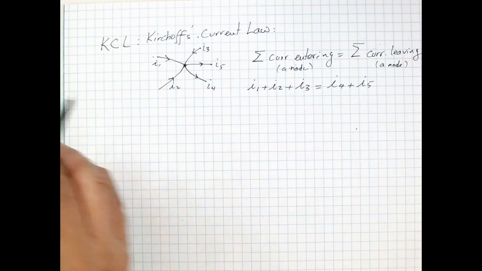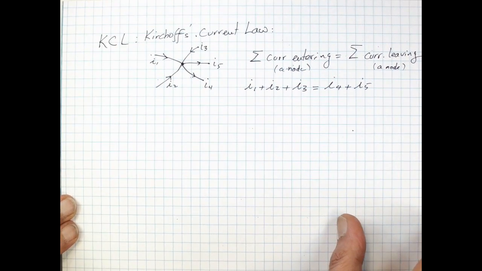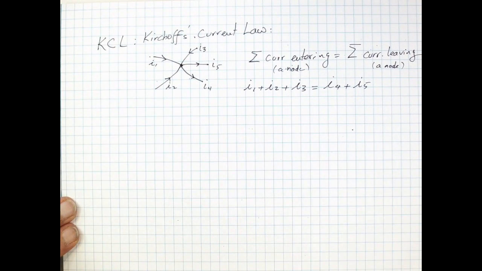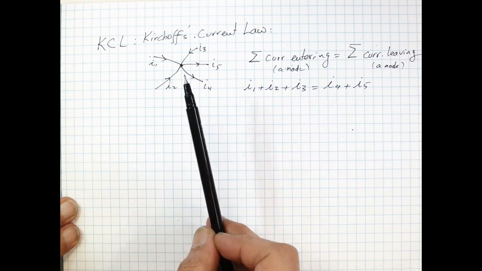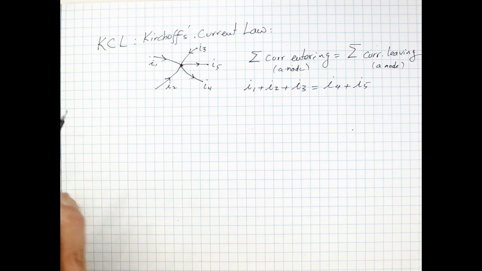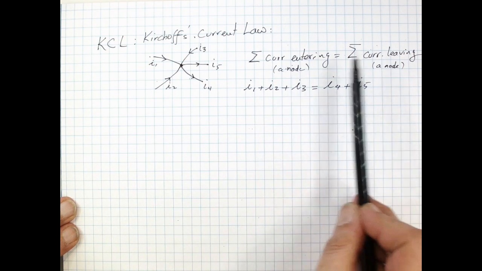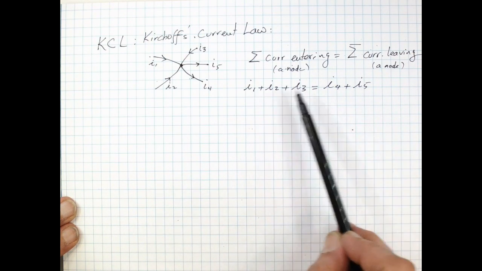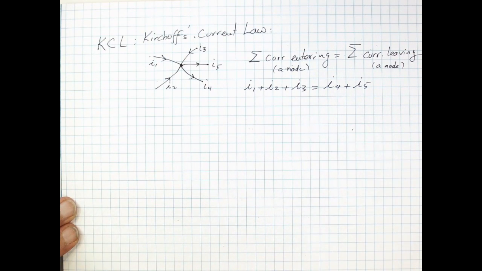That's a very simple law, and it's easily acceptable. Although most of these laws are based on Maxwell's equations and other more complicated laws of physics, we're not going to worry about that. The sum of the currents entering a node is equal to the sum of the currents leaving a node.